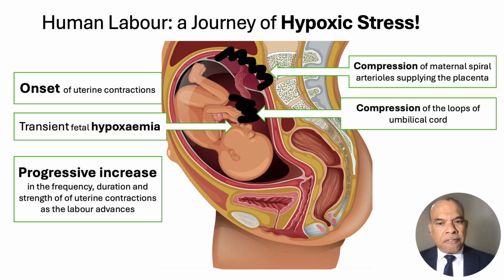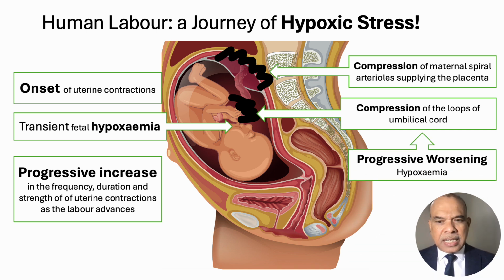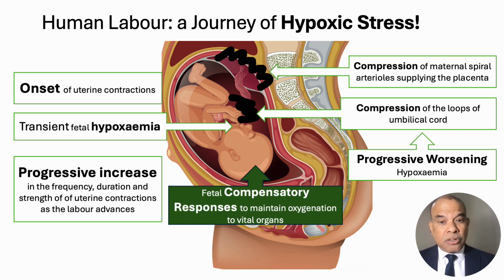But towards the end of first stage of labor, you may have 3 to 4 contractions lasting approximately a minute. And in second stage of labor, in addition to these contractions, there is the effect of active maternal pushing as well. So there is going to be progressive worsening of hypoxia, but most human fetuses are able to compensate because they have a buffering system, they have reflex responses, and they have a good placental reserve, approximately 50%.